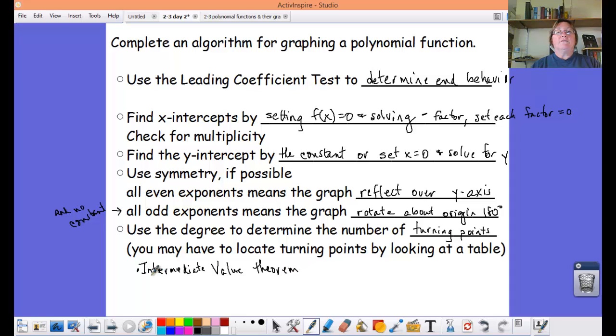Remember, you can find values for turning points, maximums or minimums, using second trace, max or min. And that's a pretty good strategy for graphing a polynomial function.